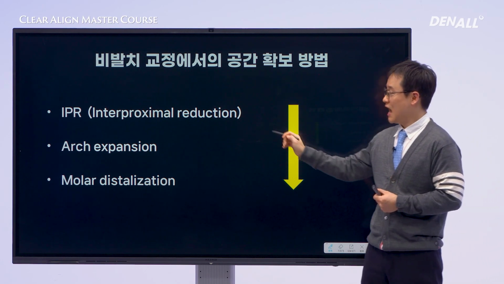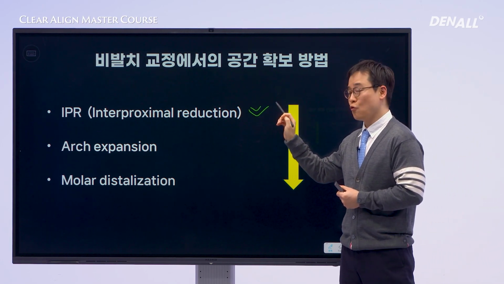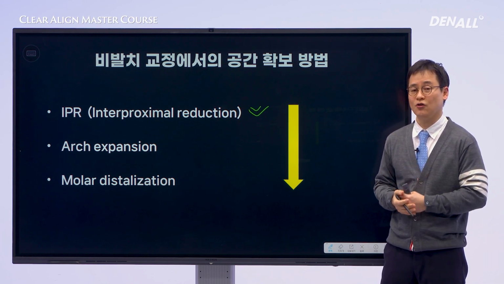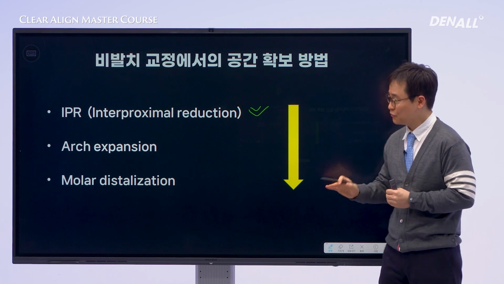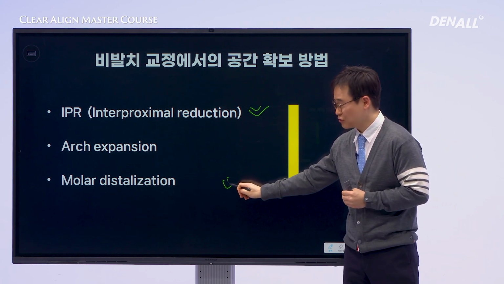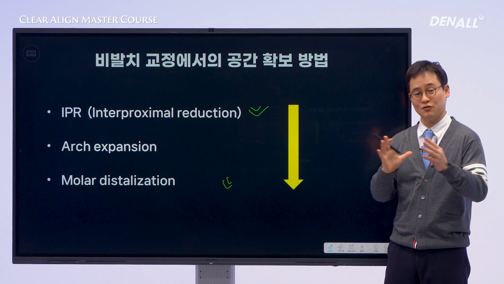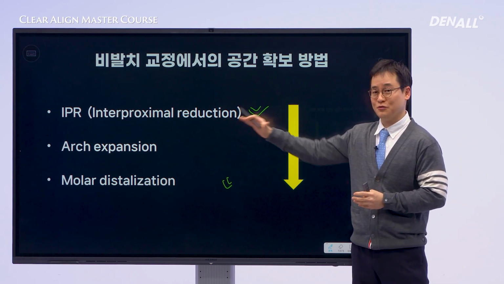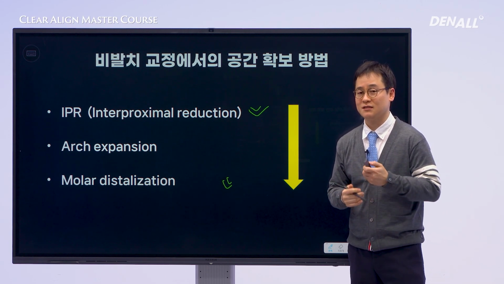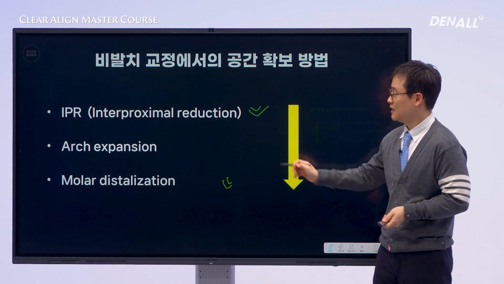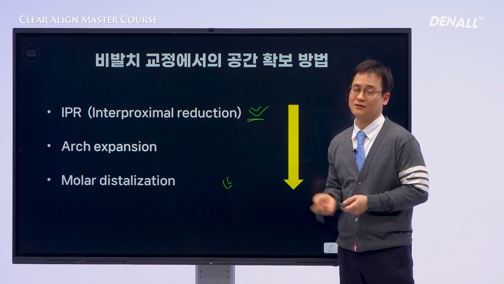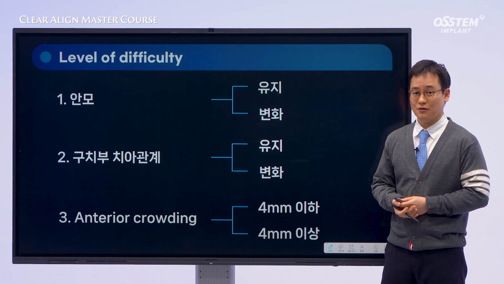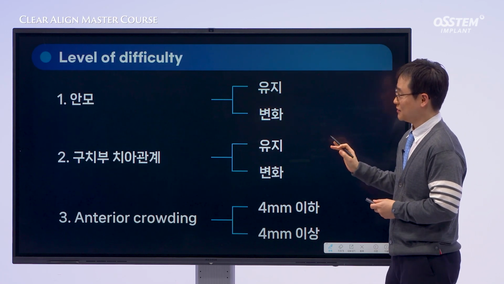So, if sufficient space can be gained through IPR alone, you're likely to achieve predictable results. On the other hand, when molar distalization is required, the mechanics becomes harder, treatment time increases, and more variables come into play. Now, I'm not saying that every case must be treated this way. If, during your diagnosis, you find that sufficient space can be created with IPR alone, you can expect a more predictable outcome.